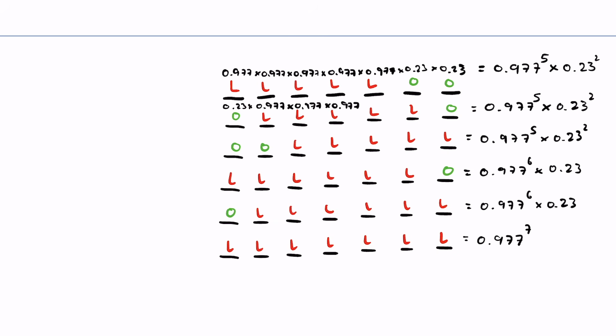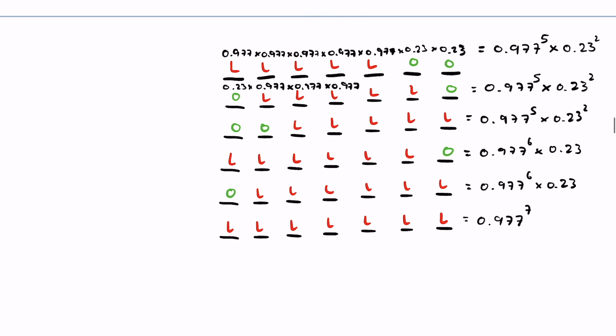Okay, again, we can condense this through a little bit of algebra. So really we could do 0.977 raised to the power of 5 times 0.23 squared plus this, plus this, plus this, plus this, plus this. We could do that, and that would get you the correct answer. But we can also bunch things and condense things just a little.